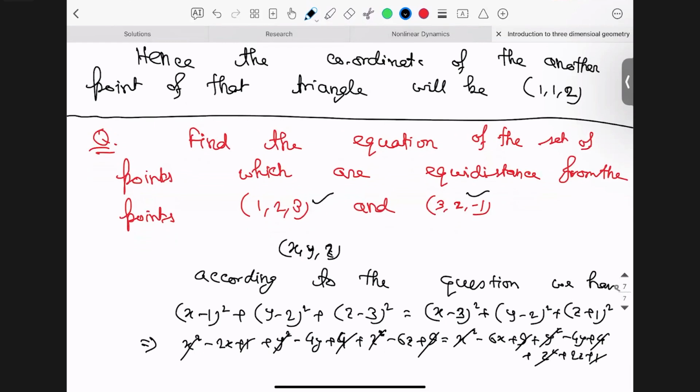We get 4x, because 6x coming to this side is plus 6x minus 2x, and 4y minus 4y, and minus 6z minus 2z, giving minus 8z, is equal to 0.